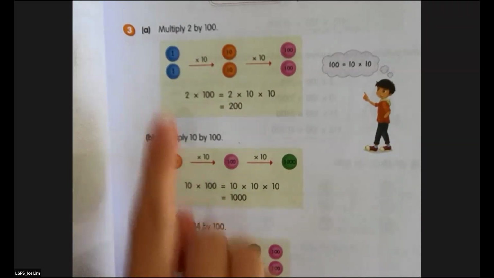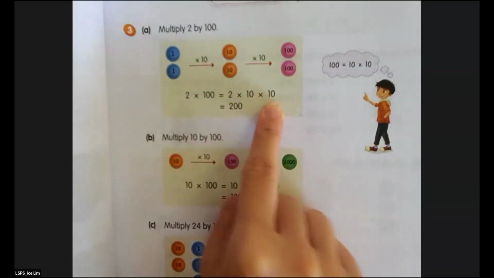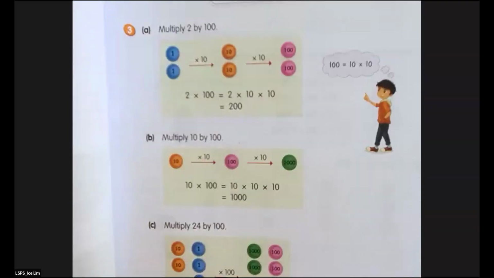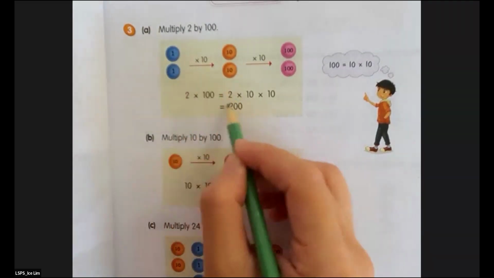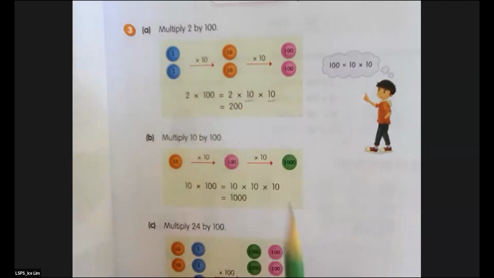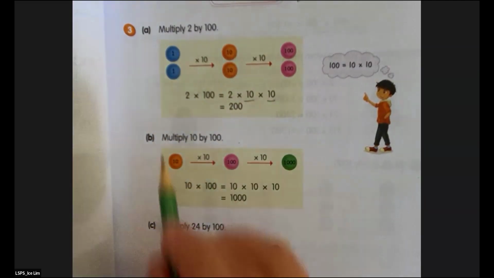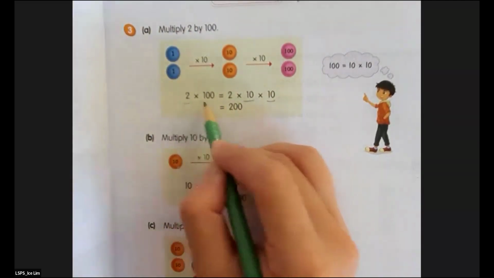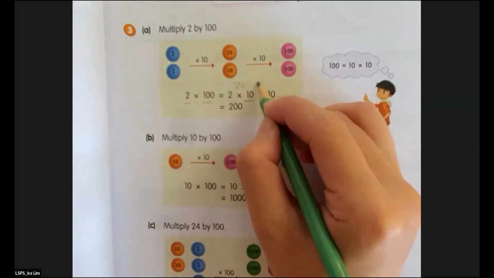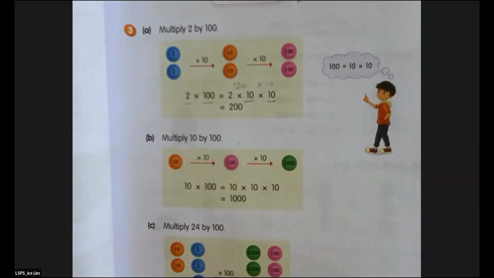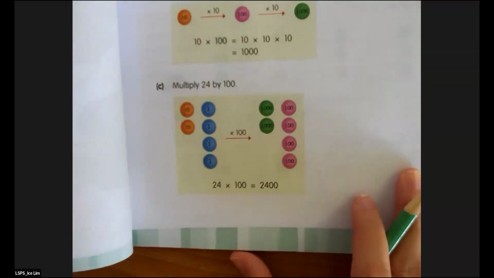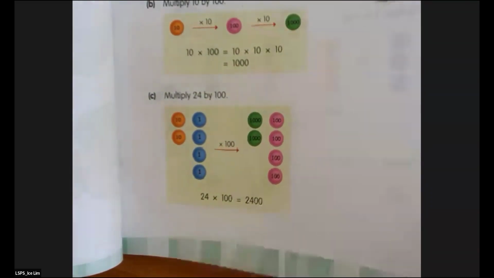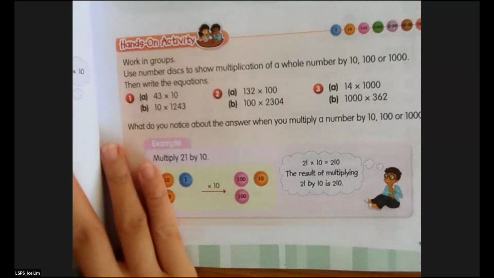For example, multiply 2 by 10. It shows you how you multiply by 10 first, then we multiply by another 10. So I get from 2 times 100 is 20 times 10. Okay, I'm going to continue on to the next page.